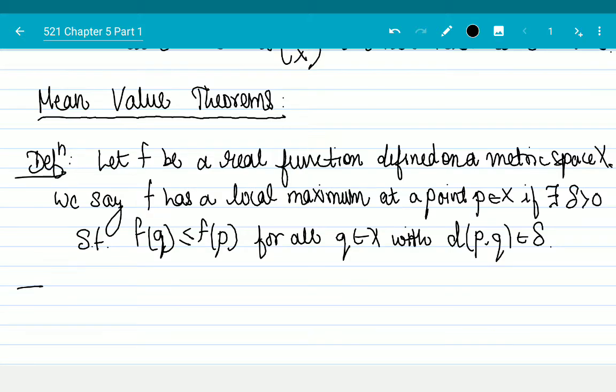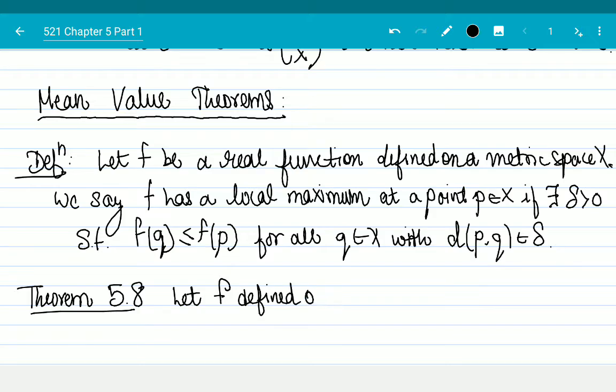Then theorem 5.8. Let f be defined on (a, b).